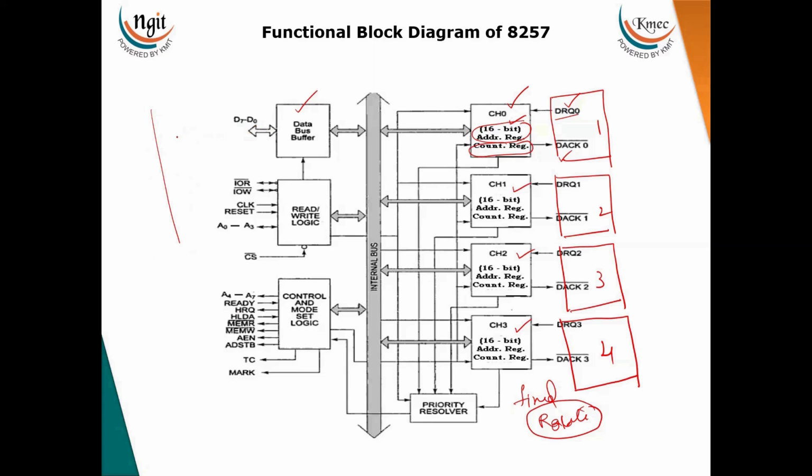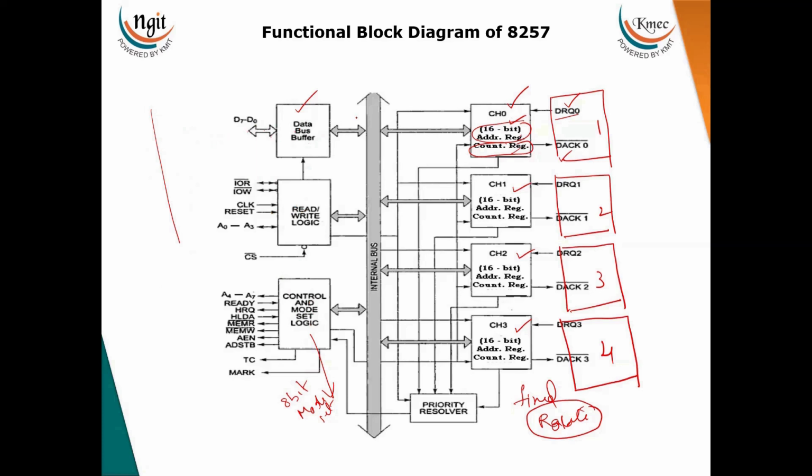The microprocessor will send the data by using this bus to the data bus buffer first, and after that the data will be loaded into the address register and channel count register, and also the microprocessor will write the modes. One more register is there, that is the mode set register. In that register it will write an 8-bit value. For that this data bus is used.